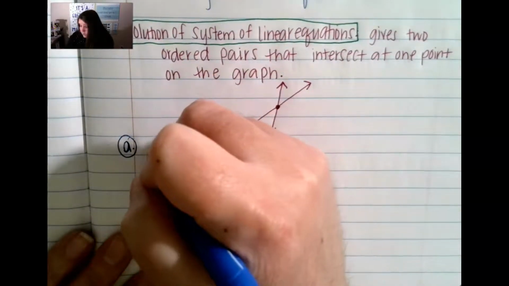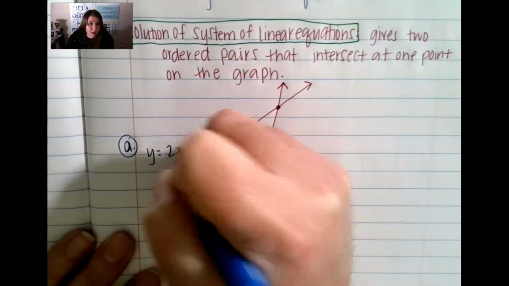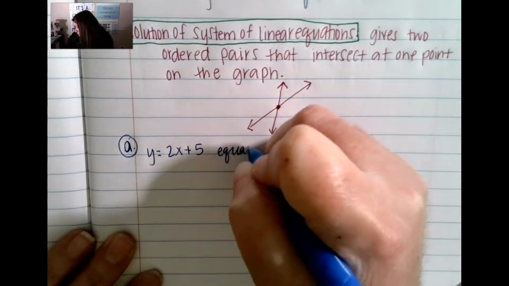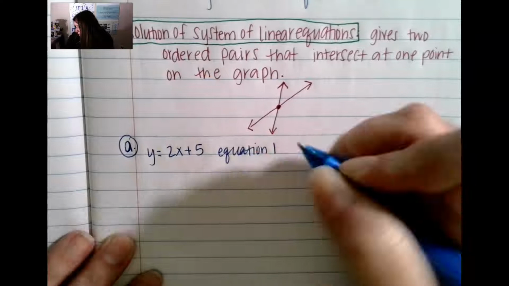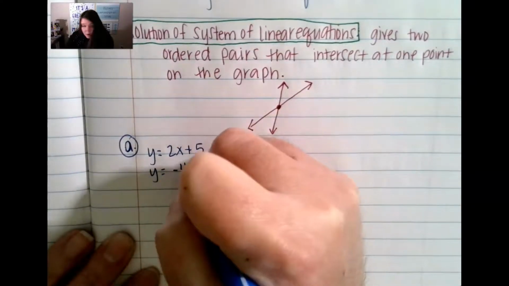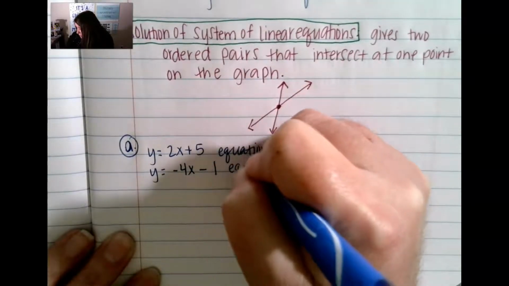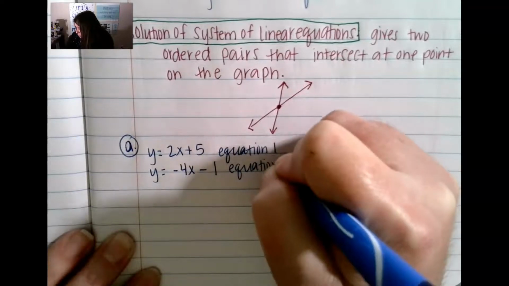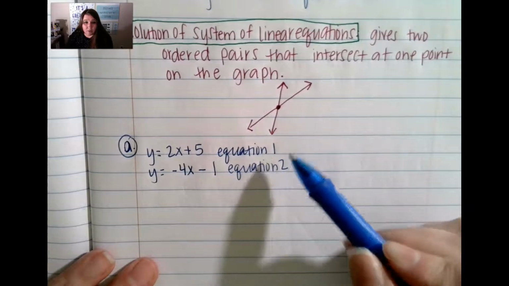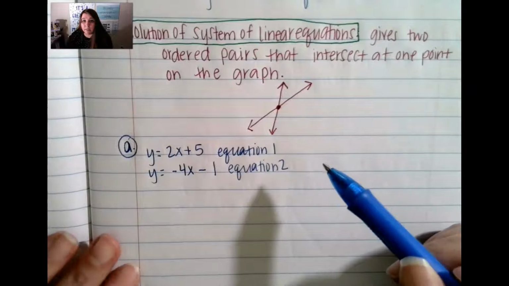They want us to solve by graphing y equals 2x plus 5. That is equation 1. And we have y equals negative 4x minus 1. This is equation 2. As you can see, we have two different linear equations because they both follow y equals mx plus b.